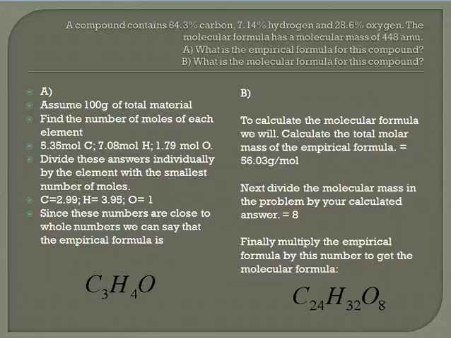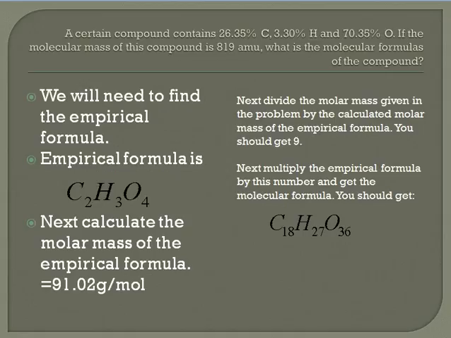We're then going to get that to equal 8. In the final step, we're going to multiply the empirical formula by this number to get the molecular formula. So the molecular formula should be C24H32O8.